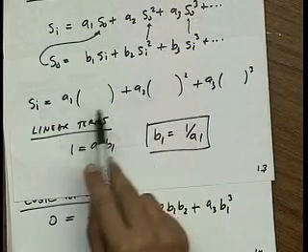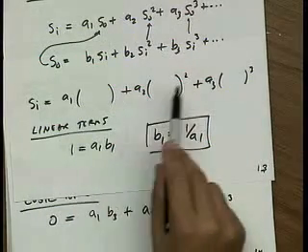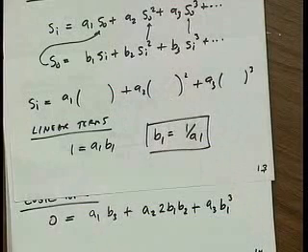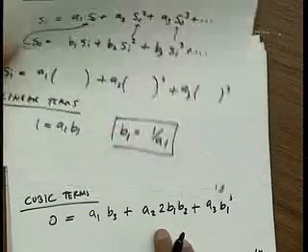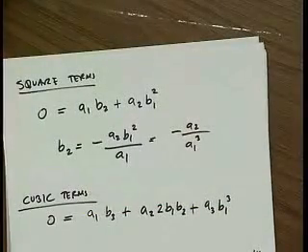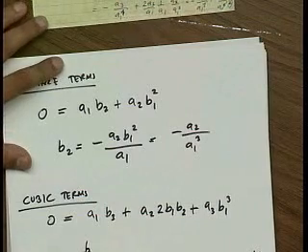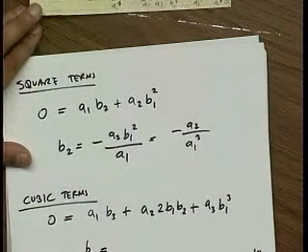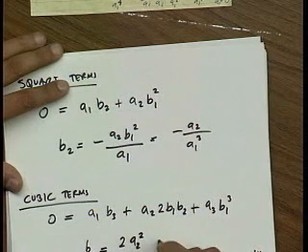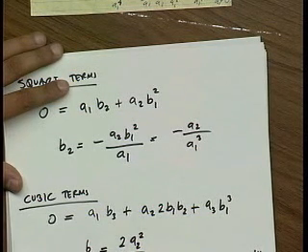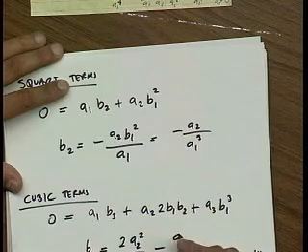Here everything is 4th order or higher. Here I'm getting 4th order or higher, and here likewise. So I'm done. So again, I solve this equation. I won't bore you guys with the math, but you'll find that B3 is 2A2 squared over A1 to the 5th minus A3 over A1 to the 4th.